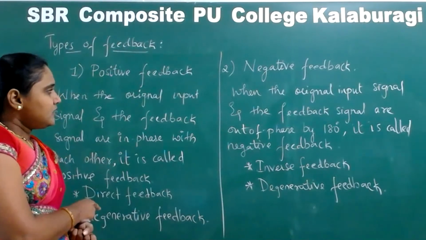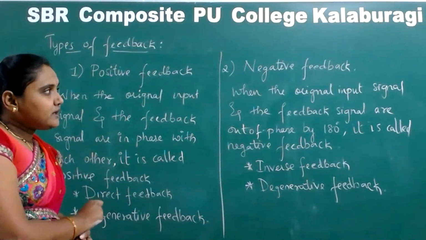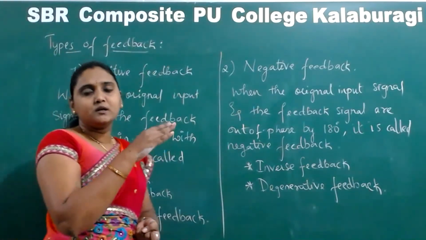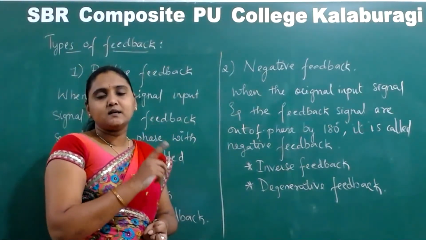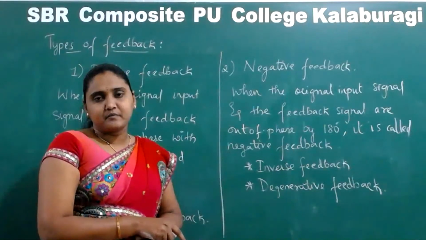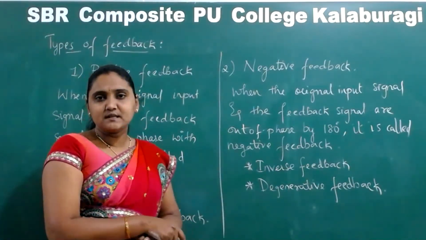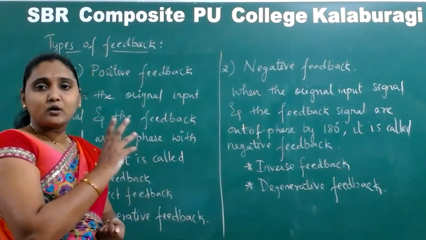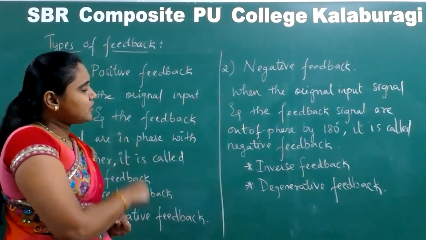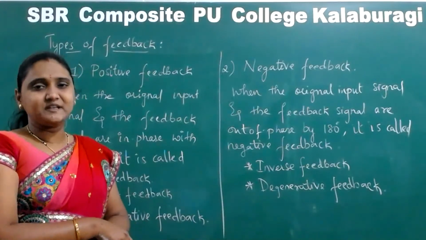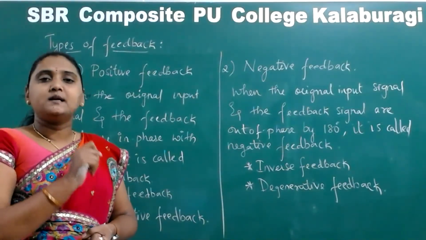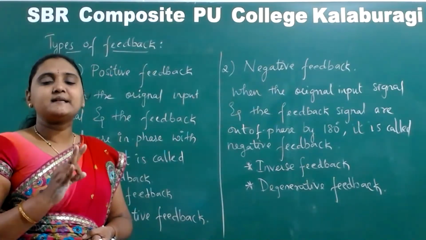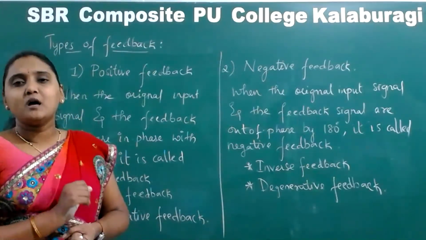The same way in the negative feedback, what happens? Because the signal is negative, the signal gain is not increasing. Signal gain will be reduced. Okay, there will be reduced gain. Otherwise, gain can also be constant. It remains constant in the negative feedback amplifiers. Whereas there will be reduced noise, reduced distortion, and reduced instability in the signal.